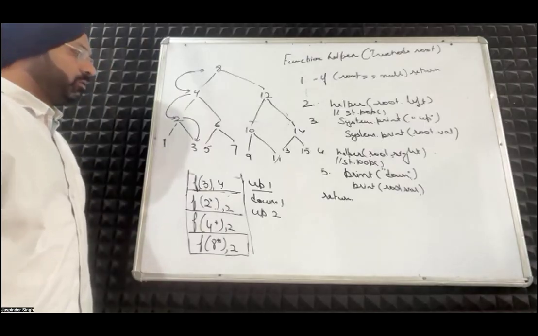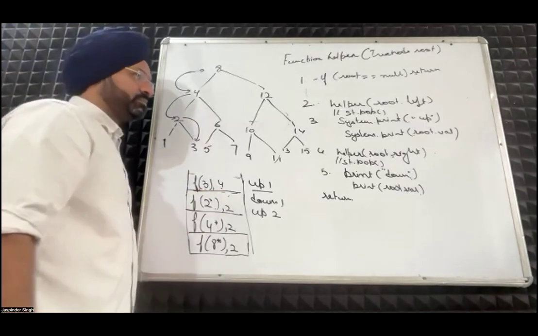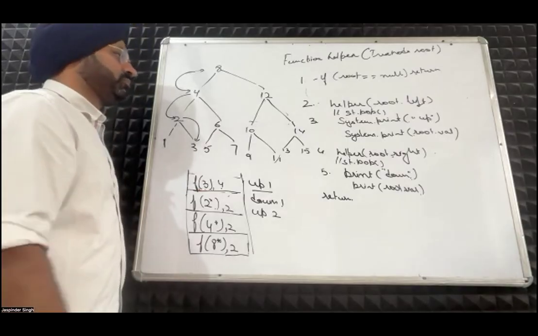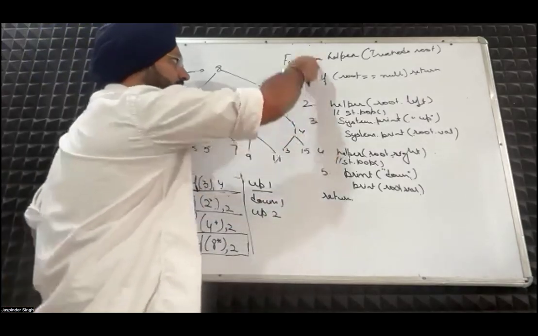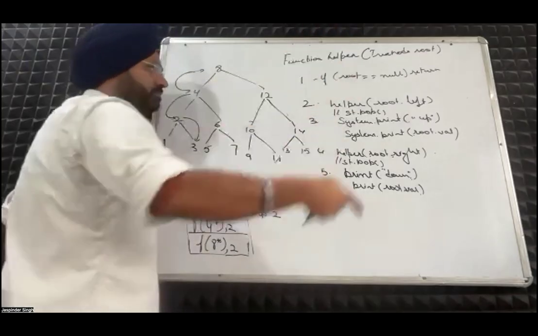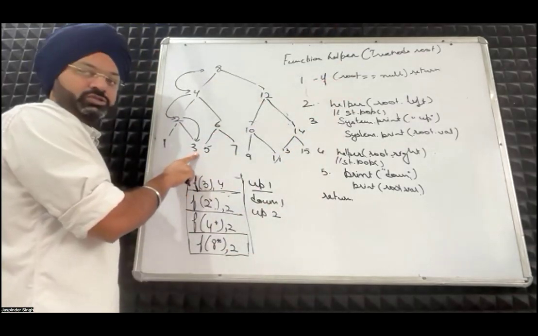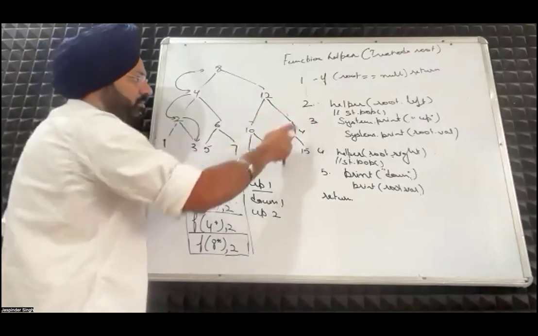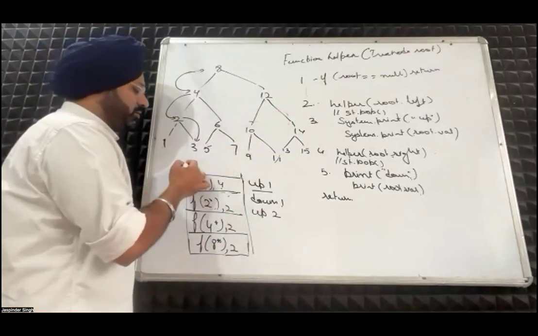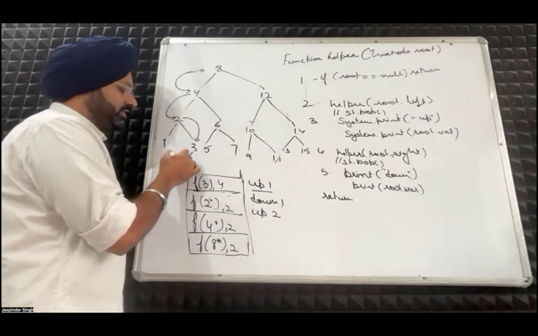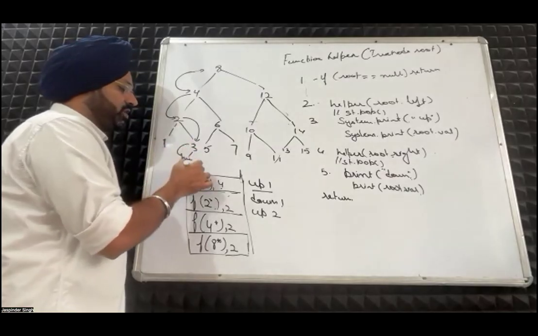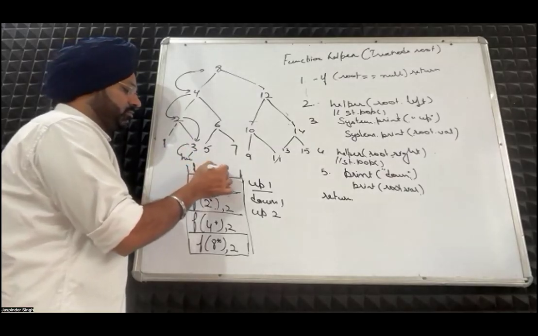All right. Then function call on 3 happens from line number 4. Control comes over here. Is my root equal to null? No, it is not equal to null. We come to line number 2. Function call on root's left, that is, function call on null happens.